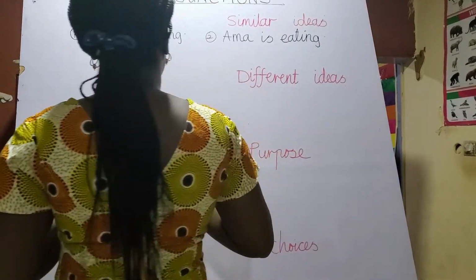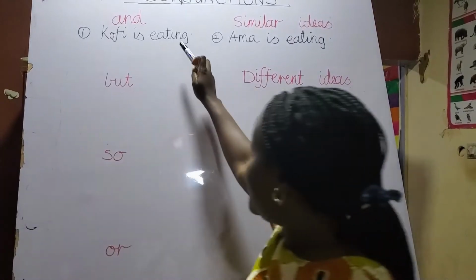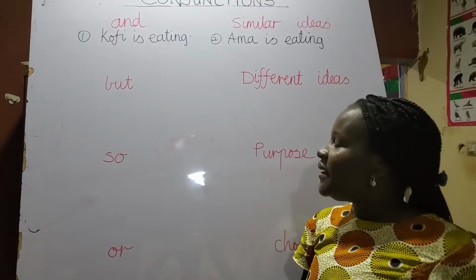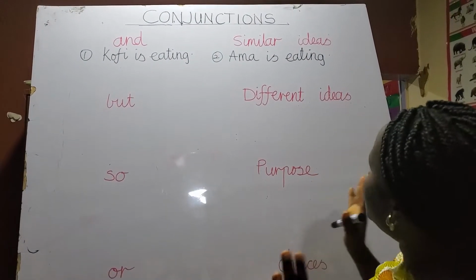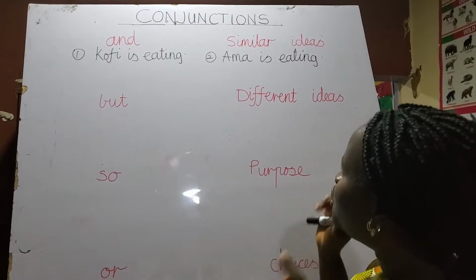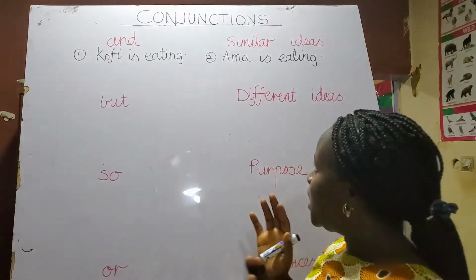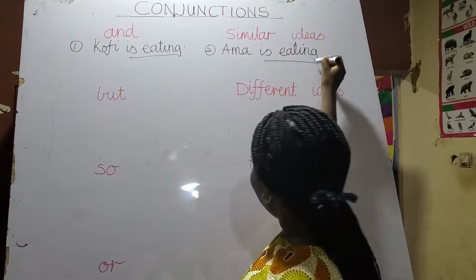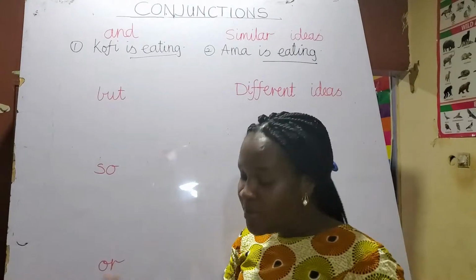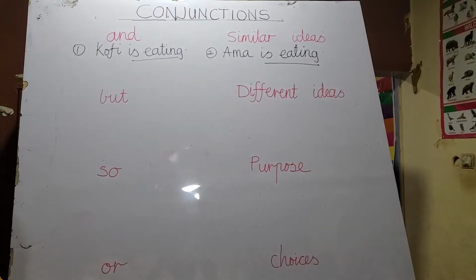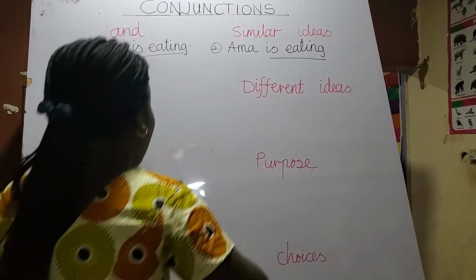So I have here with me, Kofi is eating. Sentence 2, Ama is eating. Now, when you look at these 2 sentences carefully, what can you tell me about them? What do you think are similar? Okay, we have is eating here, we have is eating here. They are both performing the same action. So we can join these 2 sentences together with the help of our conjunction and.